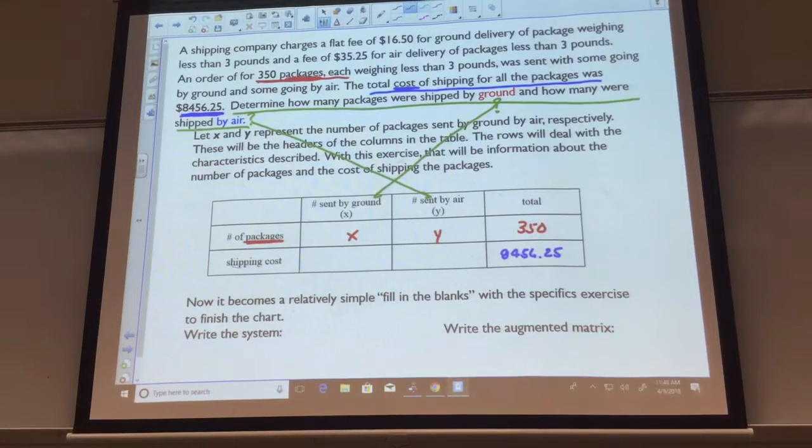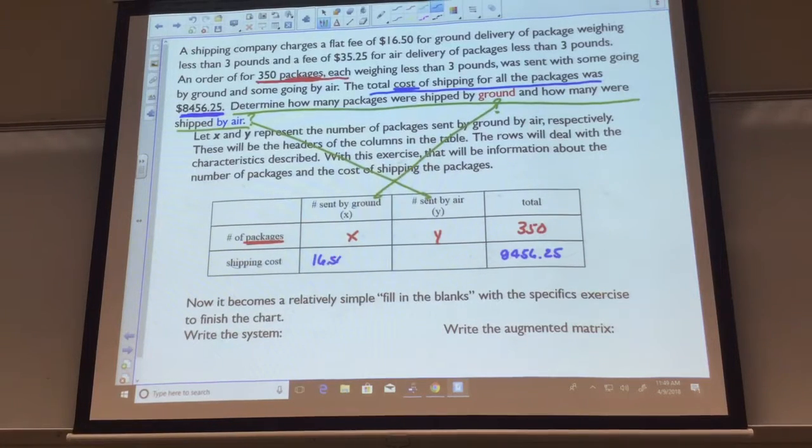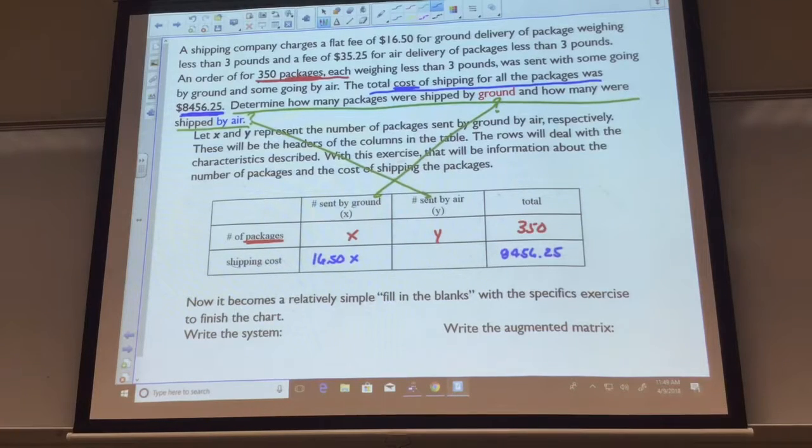That's talking about number of packages. What does it cost to ship a package by ground? $16.50 for every one of those packages that we shipped by ground. And what did it cost for shipping by air? $35.25 for every package that we shipped by air.